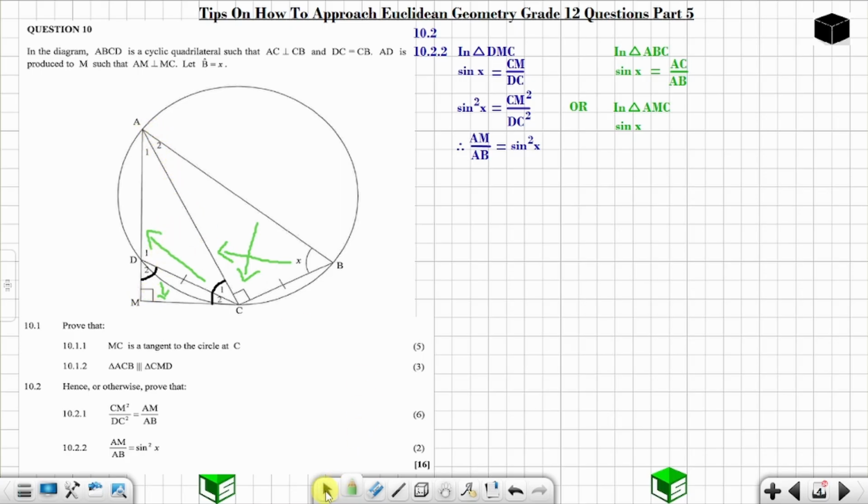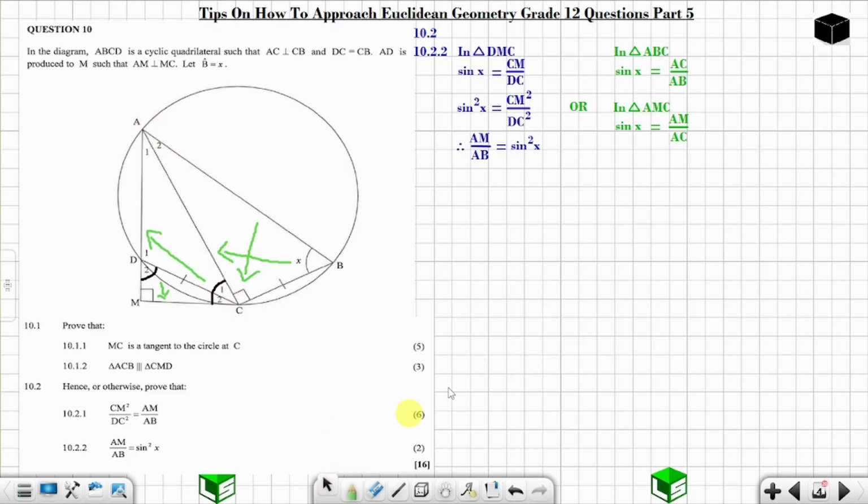So you have AM over hypotenuse using this triangle. The hypotenuse is AC. Opposite over hypotenuse using angle x, AM over AC.